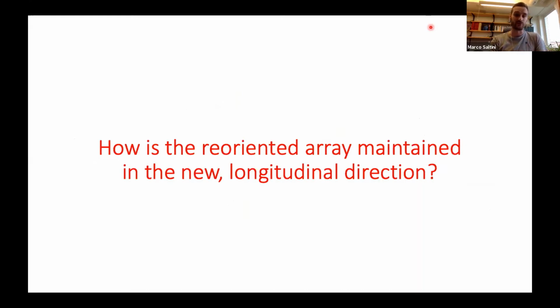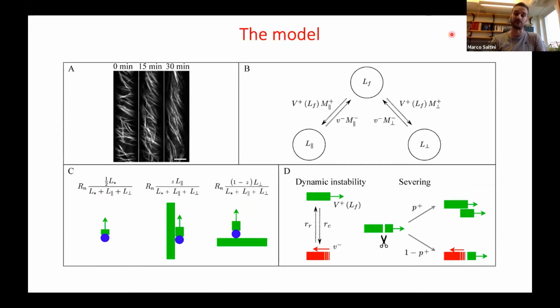To address this question, we set up a stochastic model of microtubules undergoing dynamic instability in a finite pool of tubulin. In particular, here we want to study the competition between two classes of microtubules, longitudinal microtubules and transverse microtubules, when they compete for the same share of resources, which you can think of as a pool of free tubulin.